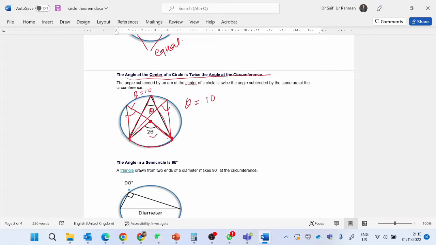Another theorem which we'll study later: if an angle is subtended by the arc in the opposite segment, they all are equal. Now here, all these angles are supposed to be equal, and they all will be half of the angle at the center.